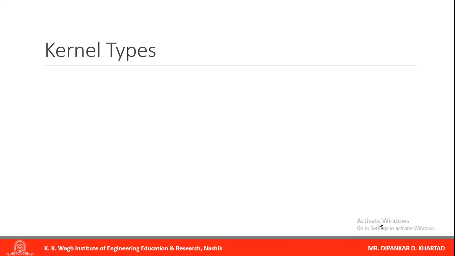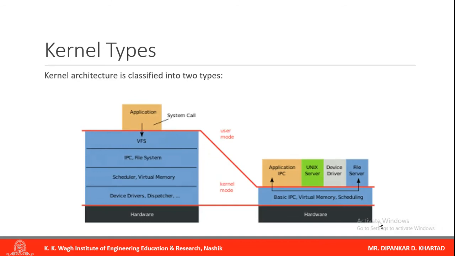So what are the types of kernel? There are two types. That is, kernel architecture is classified into two types. This left side part is monolithic kernel and this one is microkernel. You can observe, in the previous video we discussed the user mode, kernel mode and hardware architecture.